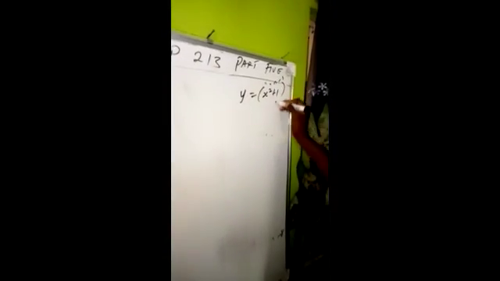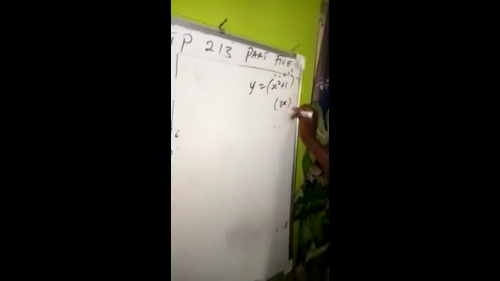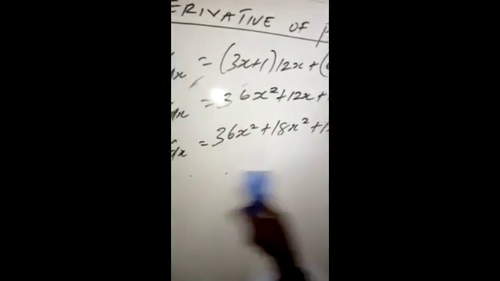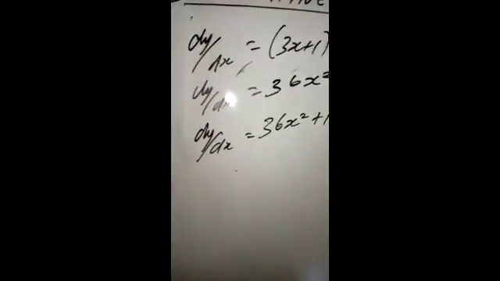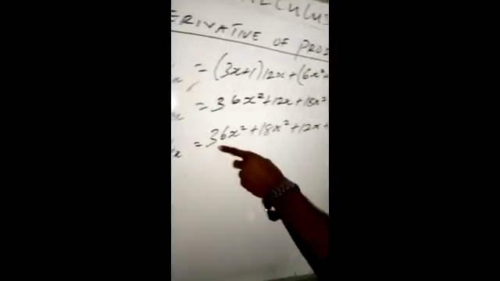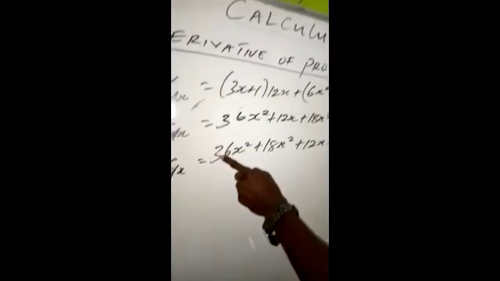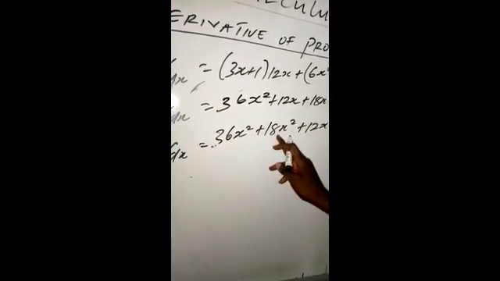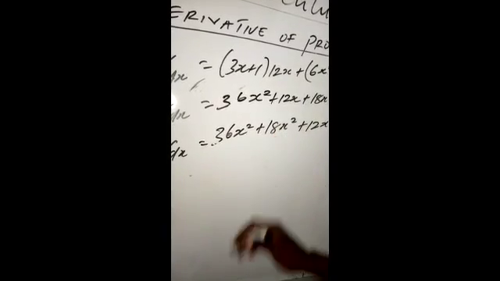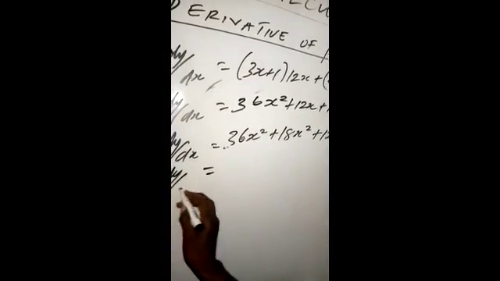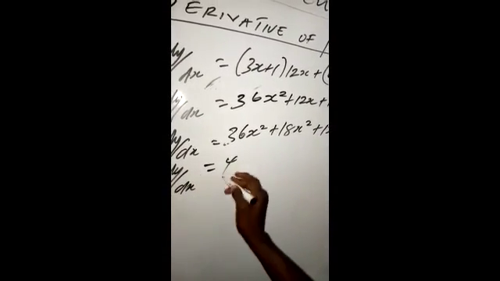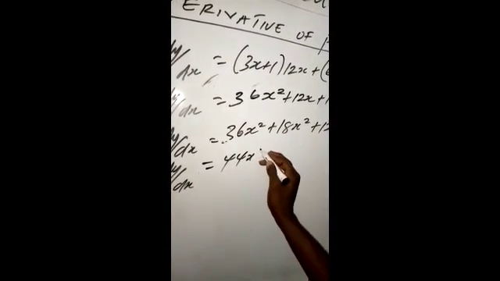So by collecting my like terms, we have 36. Let us add now. 36 plus 18 will give us 54. Are we okay? So dy/ds is equal to 54s squared.